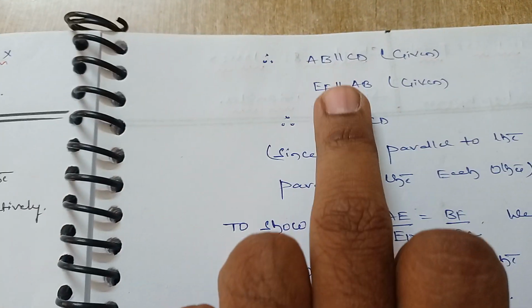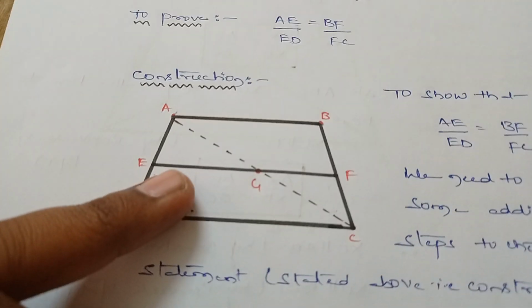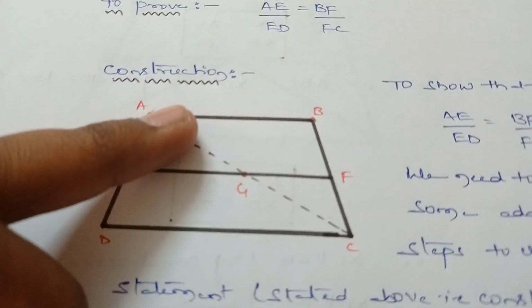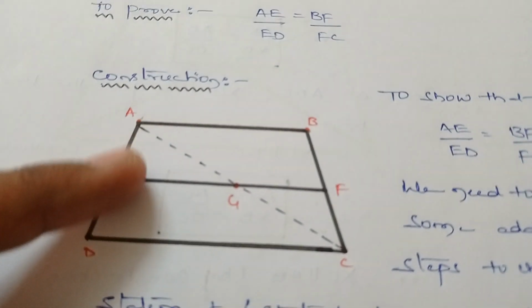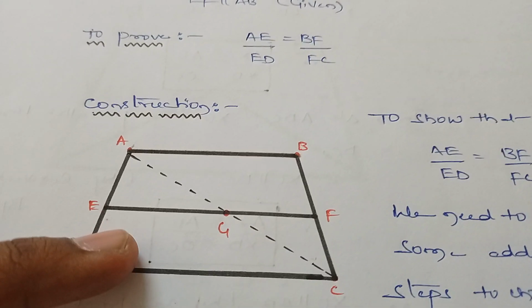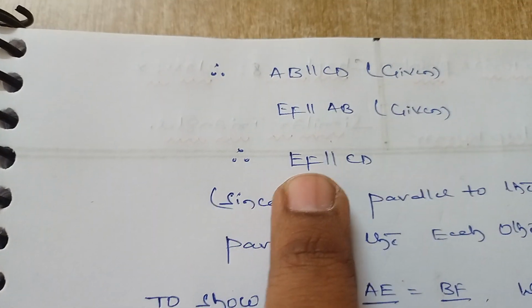Now from these two, guys, if a line is parallel to another line and a second line is also parallel to that line, then they are parallel to each other. So by that concept, we can write EF is parallel to CD.